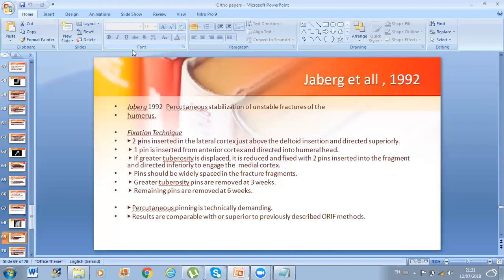Pins should be widely spaced, meaning divergent. Greater tuberosity pins are removed at 3 weeks and the remaining pins after 6 weeks. Percutaneous pinning is technically demanding, but results are comparable or superior to previously described ORIF methods. So if you want to fix, you have to do this fixation technique.